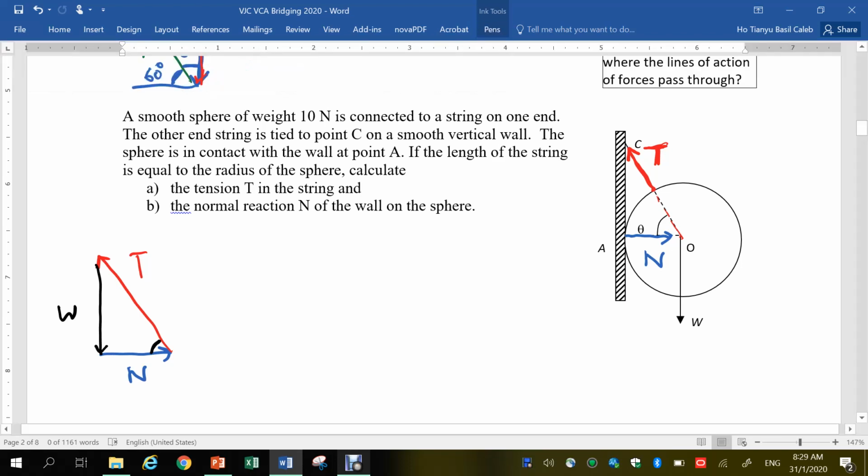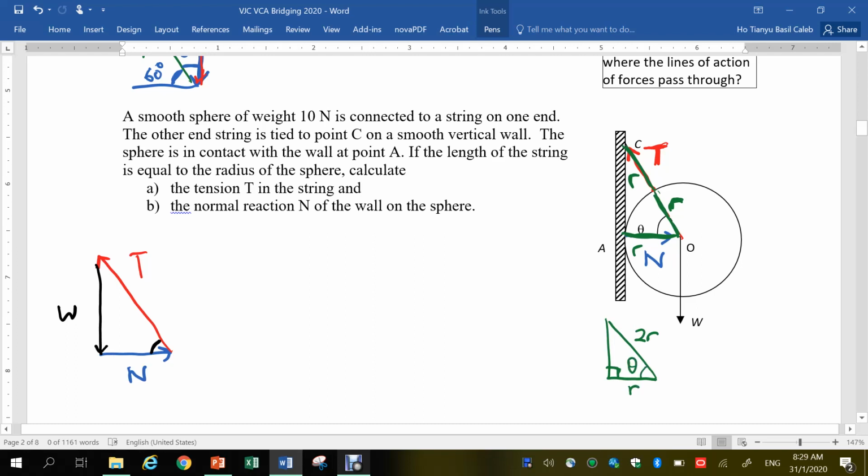Let's use the color green. There's a radius R here. This is also R. The length of the string is also R. Hence, essentially, you have a triangle here, 90 degrees, 2R, and R over here, the angle theta.